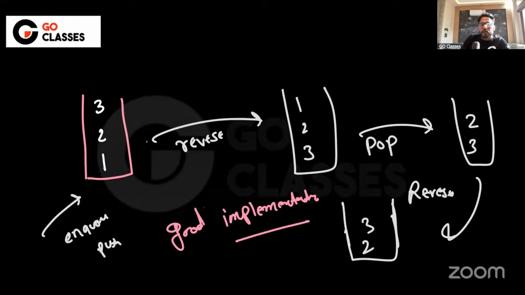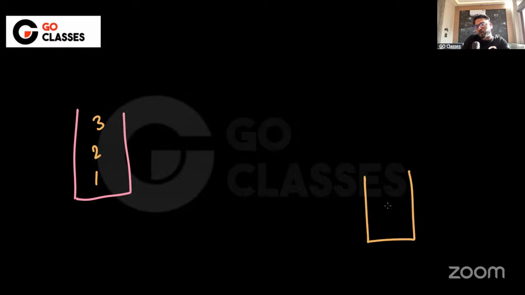Which means if I want to DQ, I should be immediately DQing. So if I'm inserting 1, 2, 3, at the NQ time I need to make sure that one is on the top. Okay, see, the stack should always have 3, 2, 1.